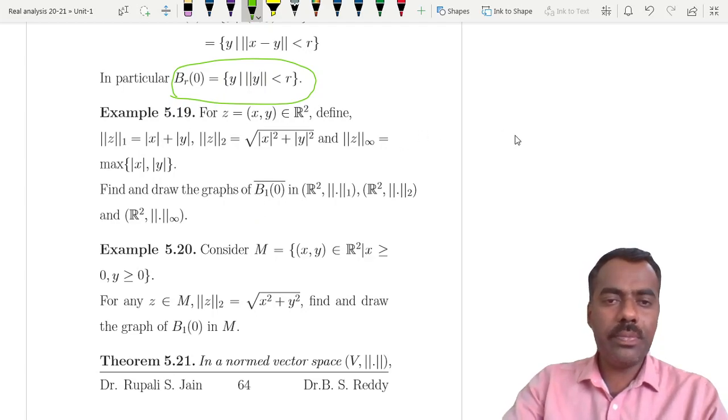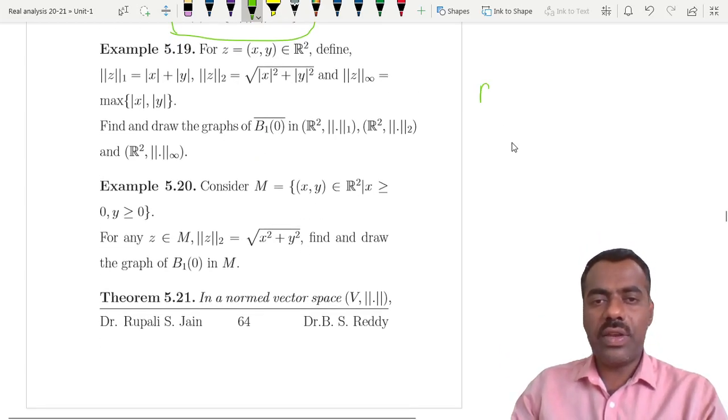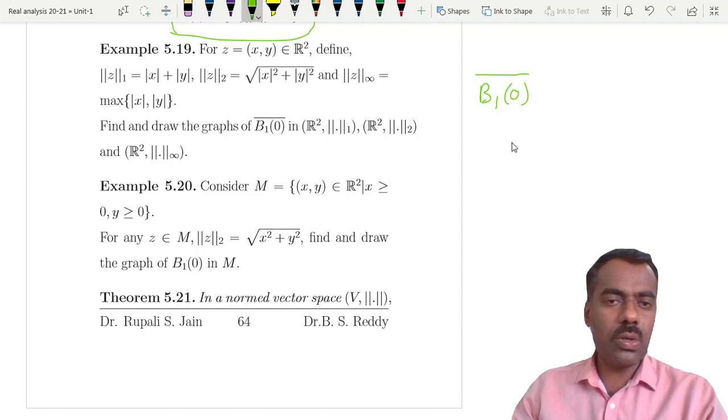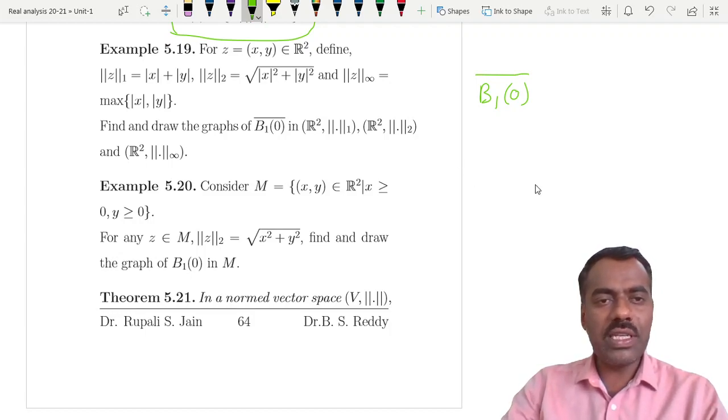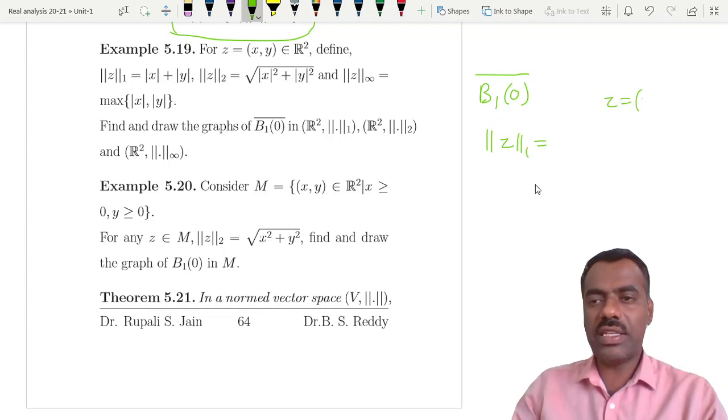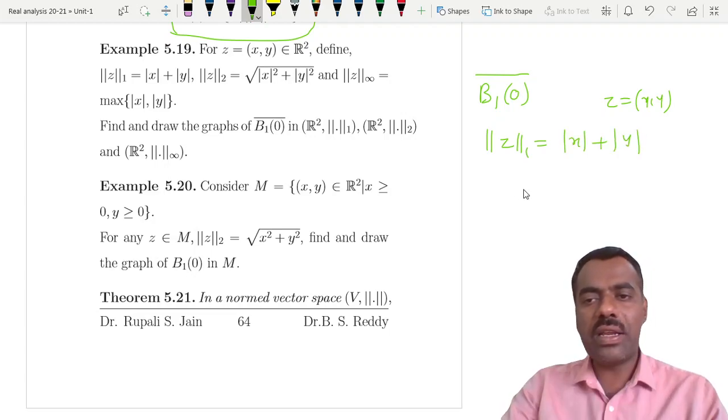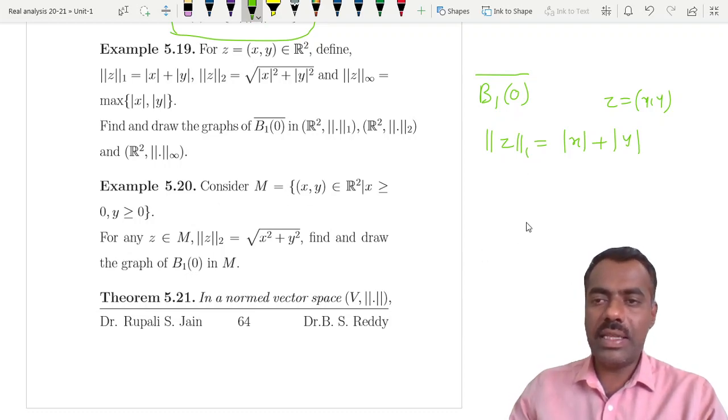That means, for example, the ball around 0 of radius 1; you can talk about the closed ball or even the open ball. I will explain one quickly. In norm 1, how is norm z1 defined? If z is equal to (x, y), then norm z1 is nothing but mod x plus mod y. So what are all the elements which will be there?